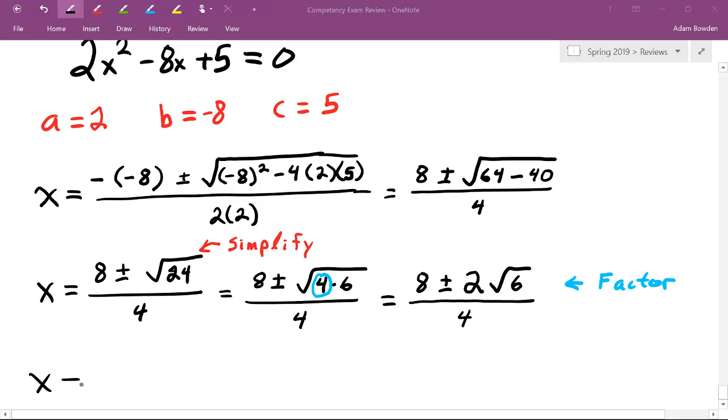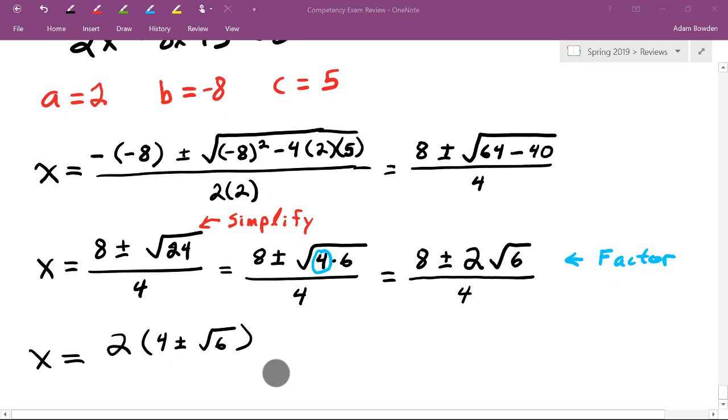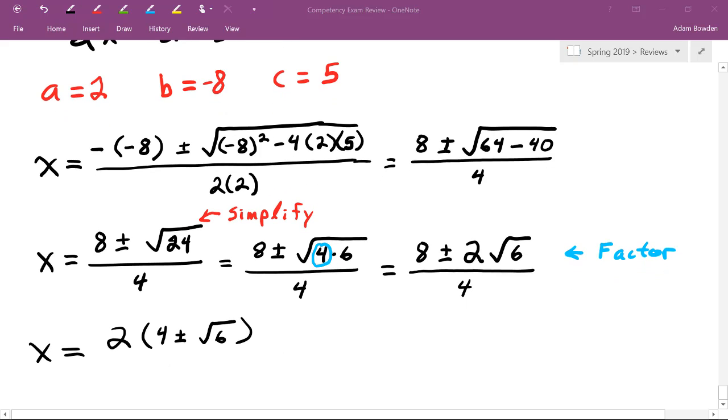So what I'm going to do is factor out a 2 in the numerator. 2 factored from 8 leaves us with 4. Factoring the 2 from the square root just leaves me with square root 6. So I've brought out the 2 to the front, and that's still all over 4.